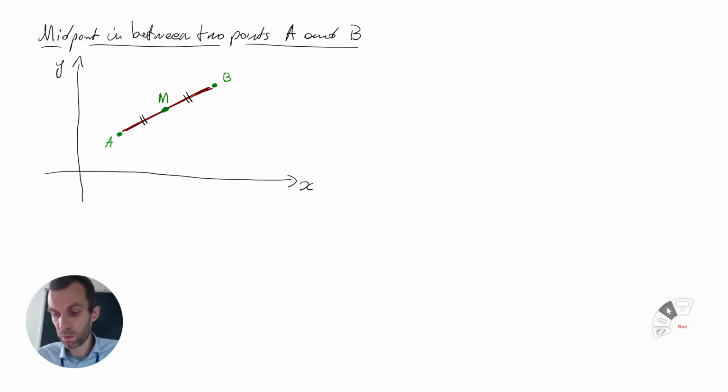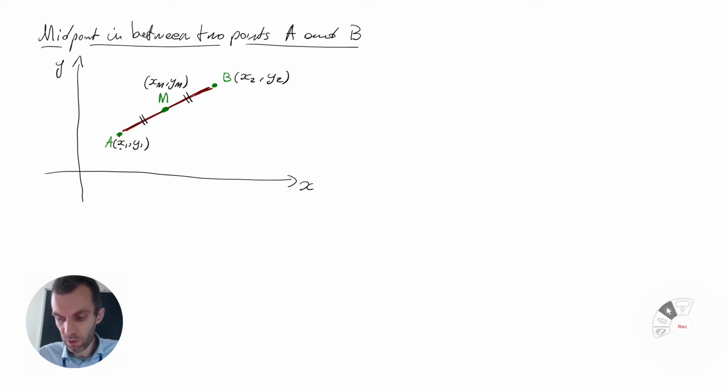So the distance from A to M is equal to the distance from M to B. So let's put some coordinates on this. Let's say that A has coordinates x1, y1, B has coordinates x2, y2, and M has coordinates xm, ym.